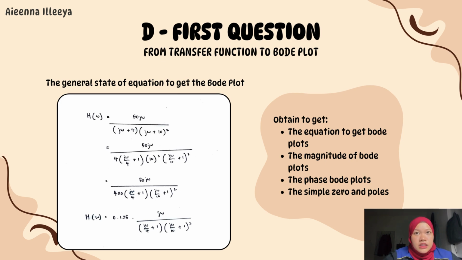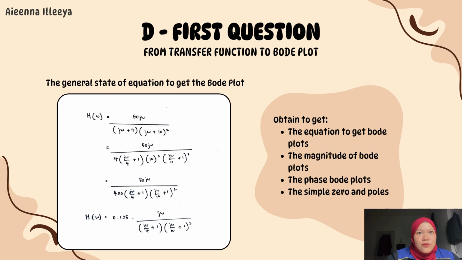The term j omega over 10 plus 1, a pole at 10 rad/s, does the same but starts affecting the plot at 10 rad/s. The constant 0.125 gives an initial gain offset of 20 log 10 of 0.125, which equals negative 18 dB.